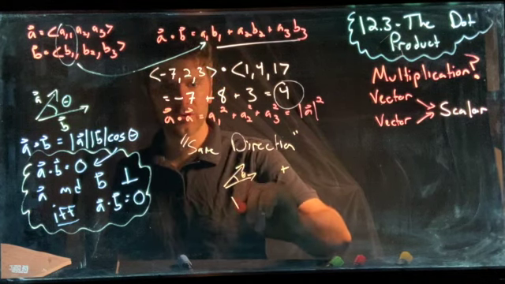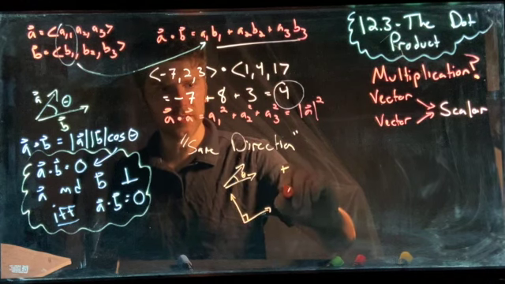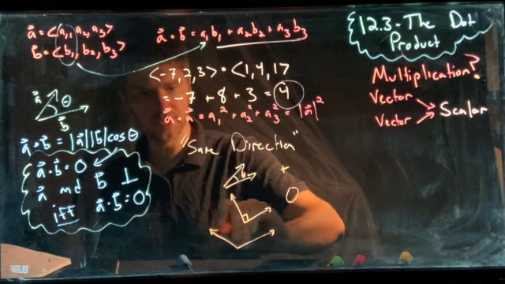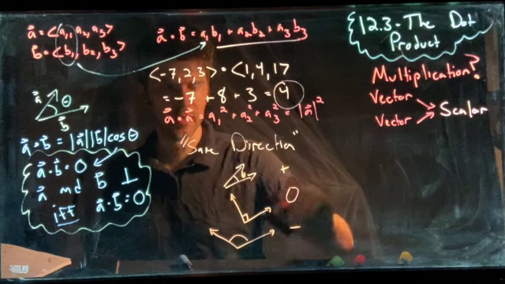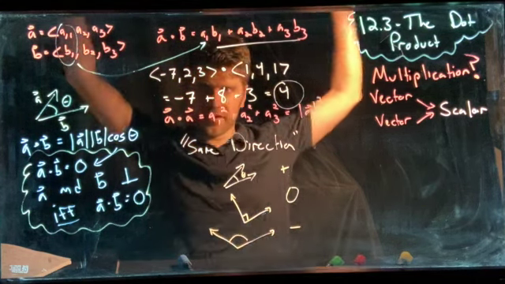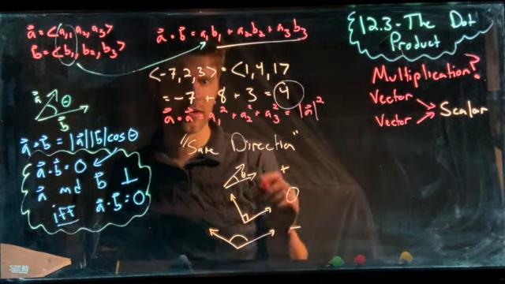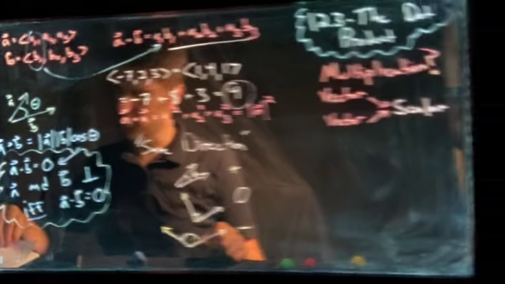If our two vectors are perpendicular, then cosine theta is going to be 0. And if the two vectors are pointing in broadly opposite directions, past 90 degrees, then the dot product will be negative. And in fact, if they are perfectly diametrically opposed, if they are perfectly opposite each other, you'll get a very large negative dot product.